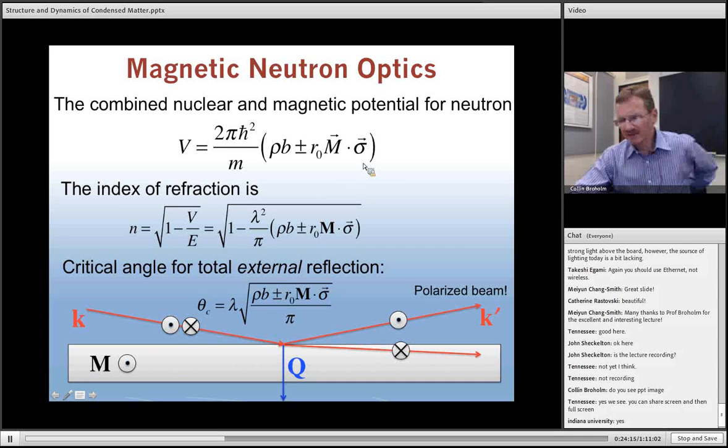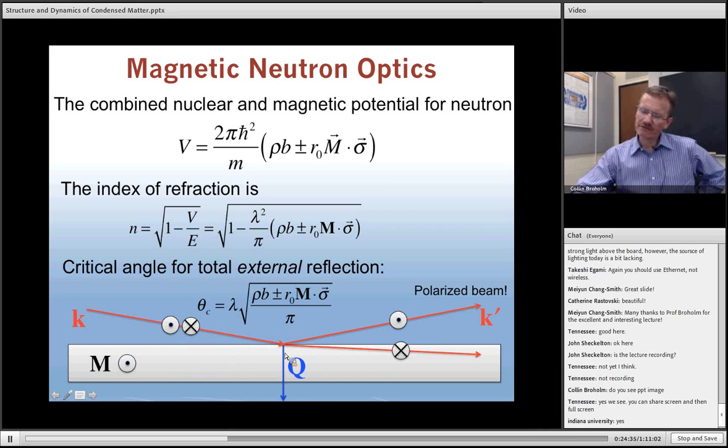Now, one thing I want to just point out here is that wave vector transfer in this scattering process is along this direction indicated. This blue vector Q indicates wave vector transfer. You remember wave vector transfer is k minus k prime, so that's a vector pointing down in that direction.